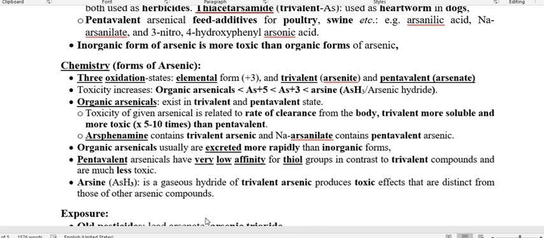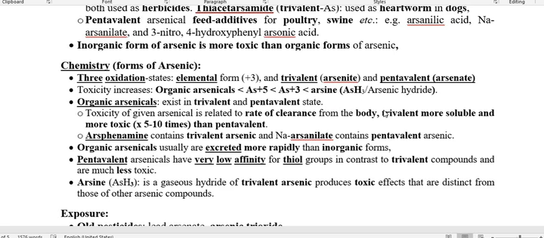If you are going to compare their toxicity, then you have to compare the compound toxicity. Comparing on the basis of oxidation number as well as the compound, the gas form of arsenic is highly toxic, that is arsine gas, also called arsenic hydride.